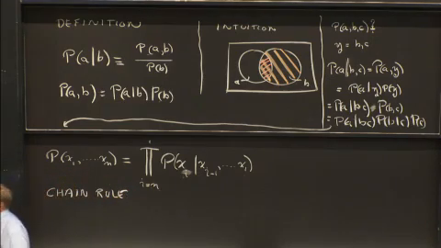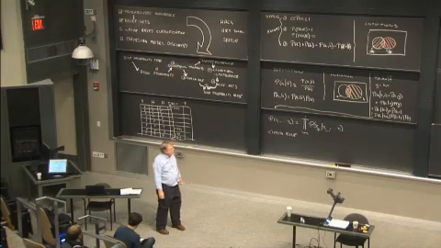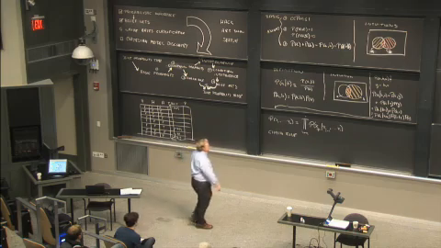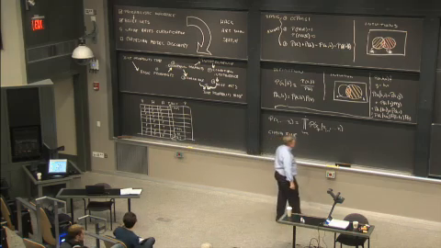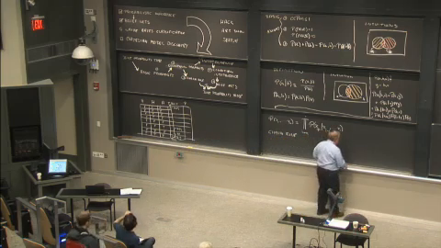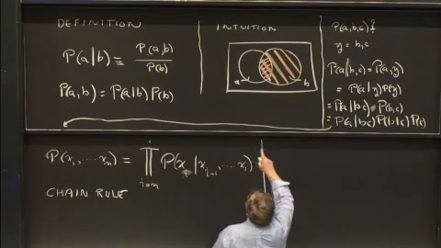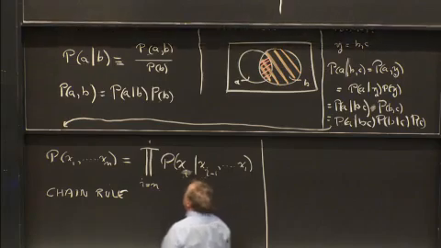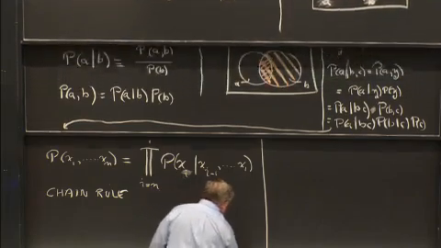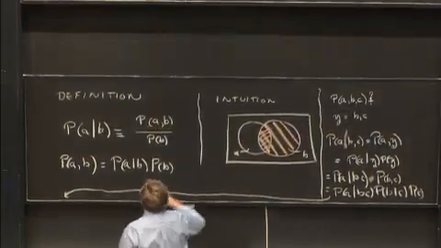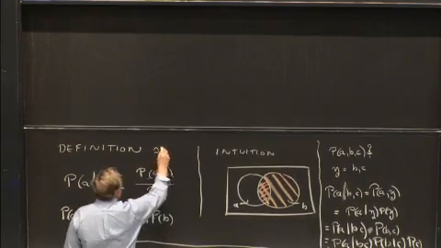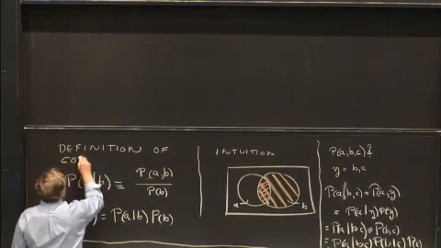And we're about halfway through our diagram, halfway to the point where we can do something fun. But we still have a couple more concepts to deal with, and the next concept is the concept of conditional probability. So that's all this stuff up here. All this stuff here is a definition of conditional probability.